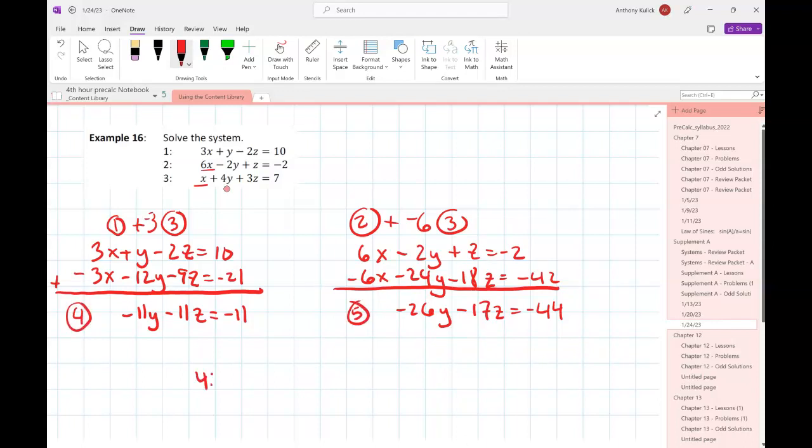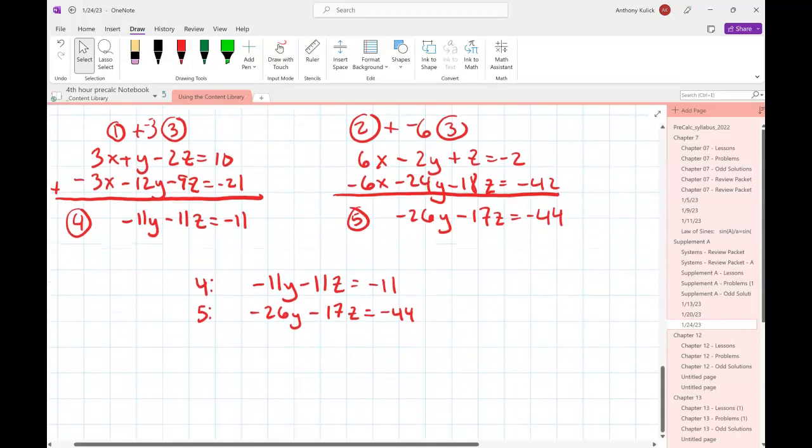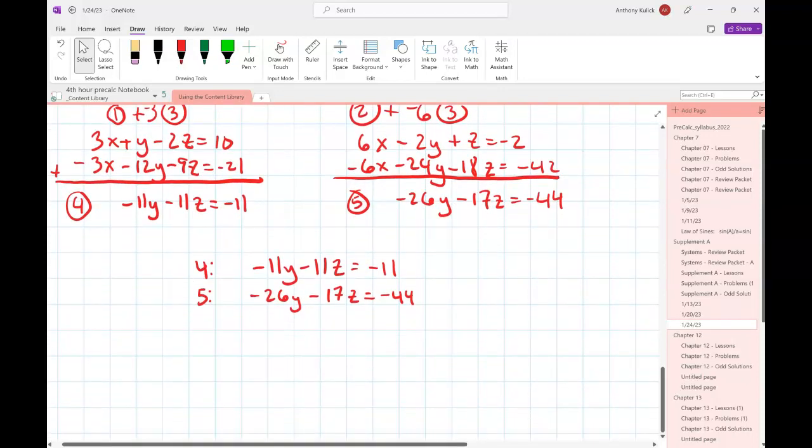And equations 4 and 5 form a new system, and if I look at the coefficients, they all seem kind of yucky, right?